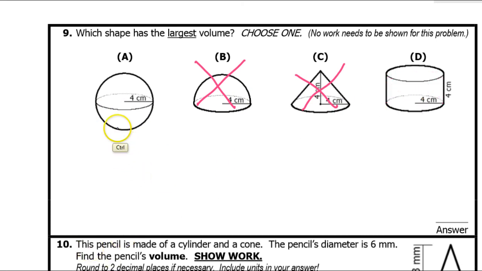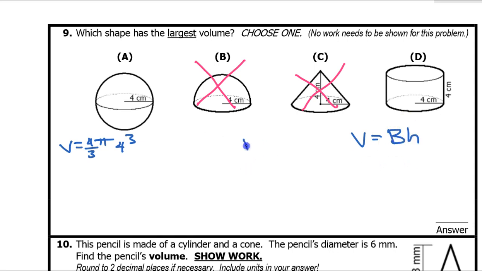So I'll just calculate the volume of each of these and see which one is bigger. So for a sphere, the volume is 4/3 pi times the radius cubed. And for a cylinder, the volume is the area of the base times the height.